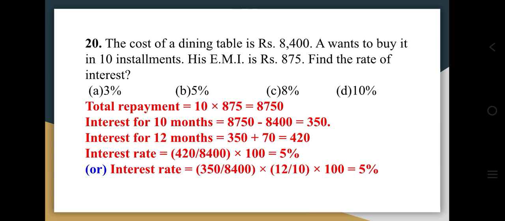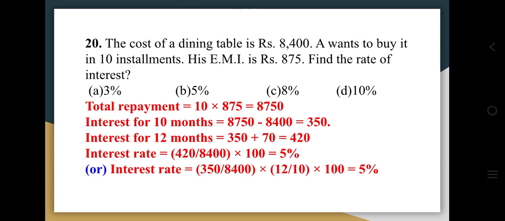The EMI is 875, so the total repayment is 10 into 875, that is 8,750. But the cost of the table is 8,400. So the interest paid for 10 months is 8,750 minus 8,400, that is 350.